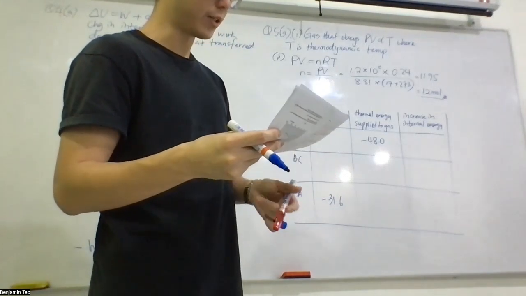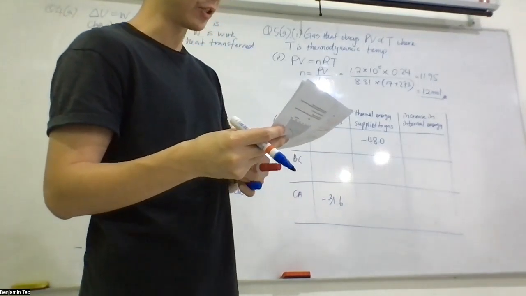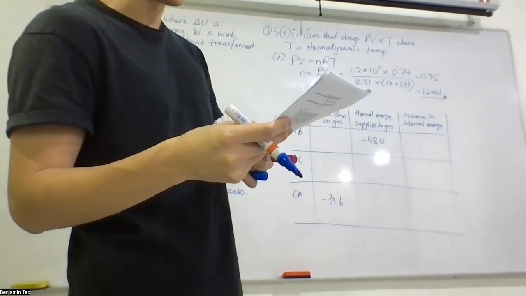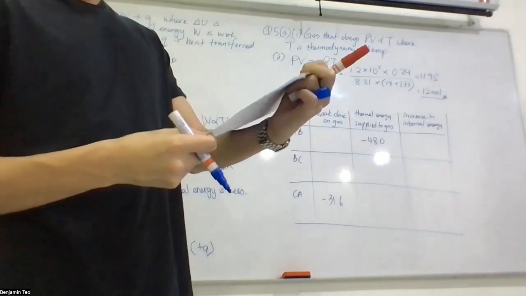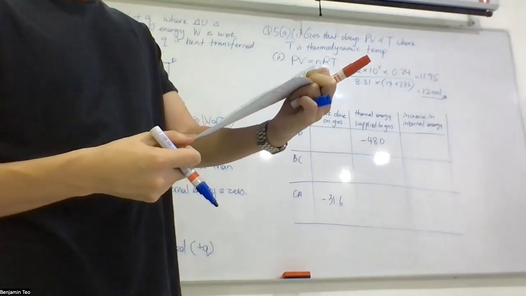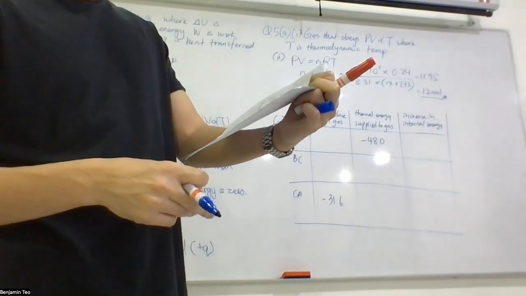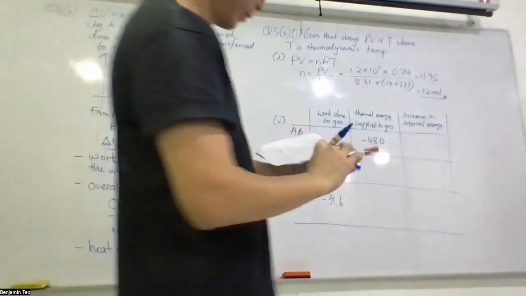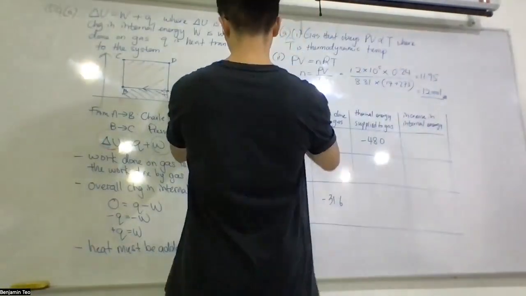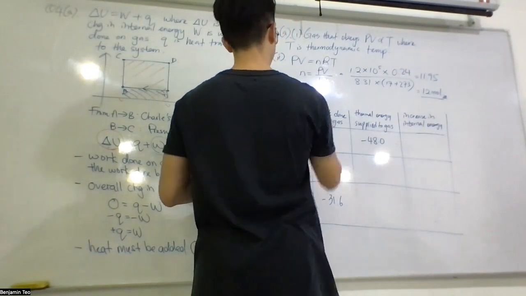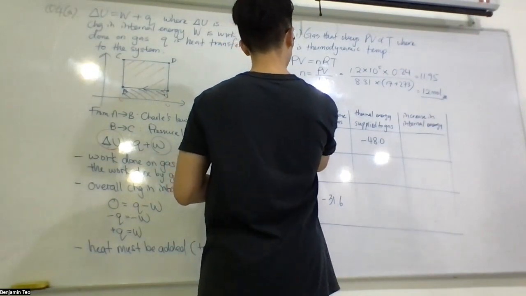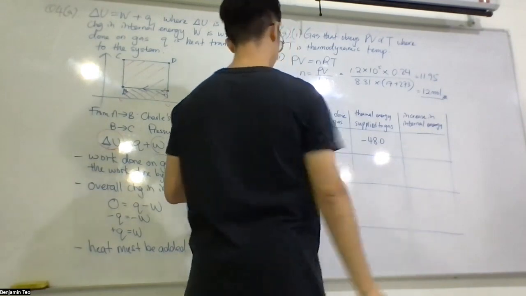Okay, show that the magnitude of the work done during the change AB is 19.2. Where's AB? Okay, AB is the horizontal line. Basically, they ask you to calculate the area under the graph. W equals pressure times change in volume.